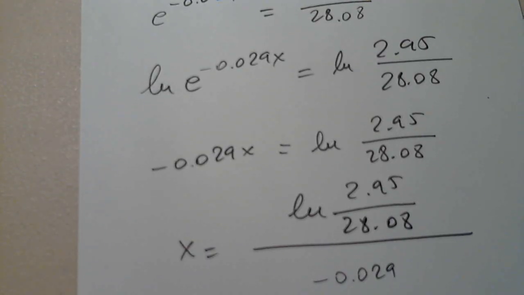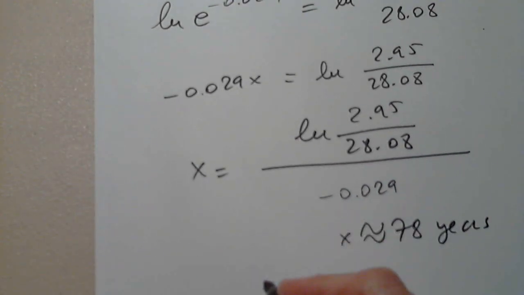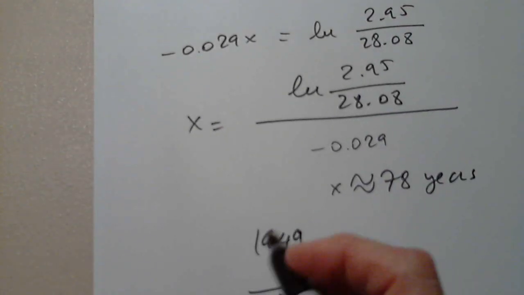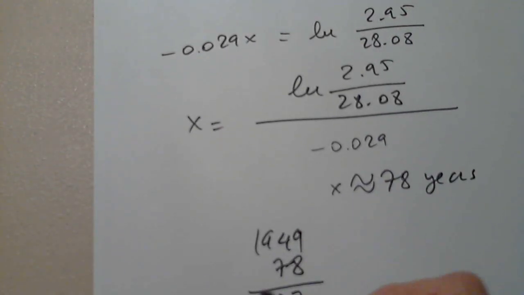And when will the world population reach 8 billion? So 1949 plus 78 years. So it appears that in 2027, that will happen.